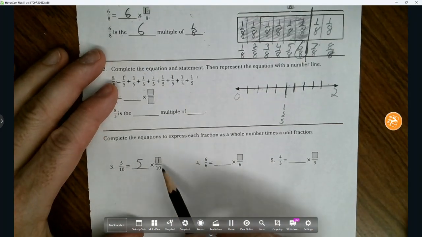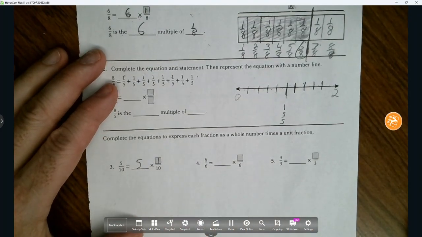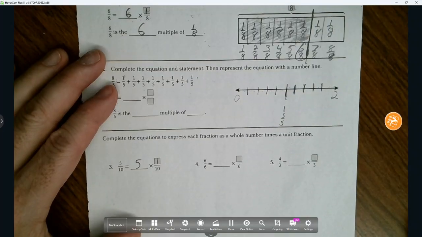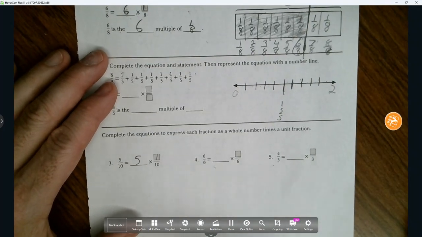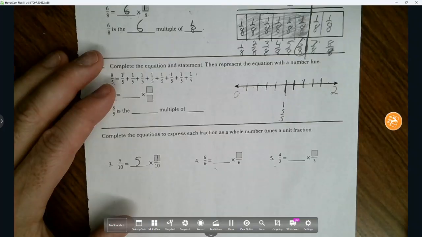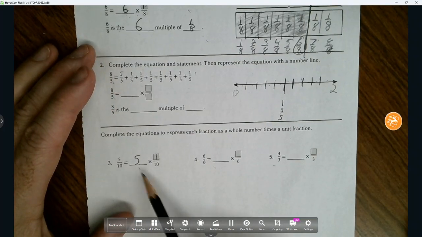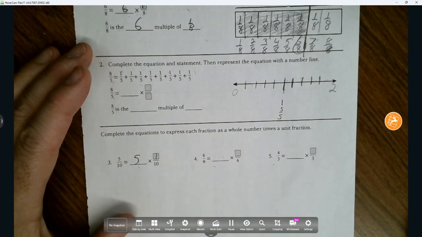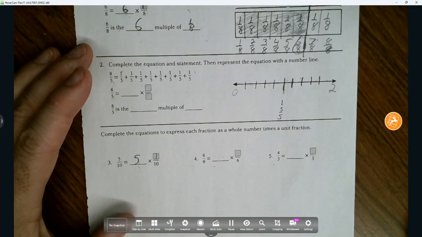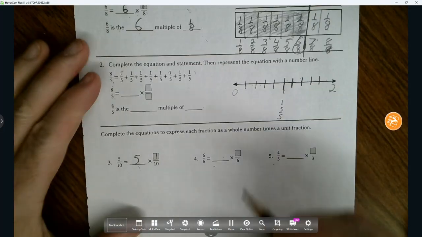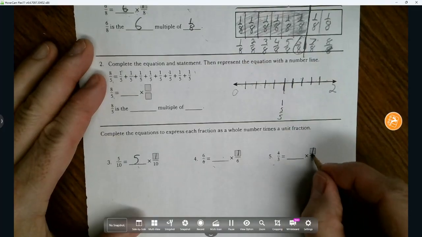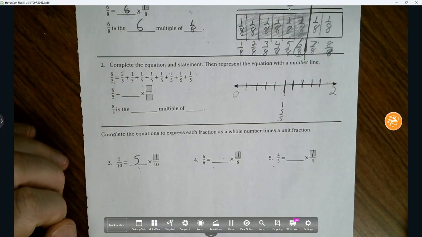That's the same as seeing 1/10 5 times. I think you guys can finish these next two on your own. You remember how we did this one and this one. It won't be that big of an issue to figure out. Just remember right here is always that's one and that's one. That's my help on that.